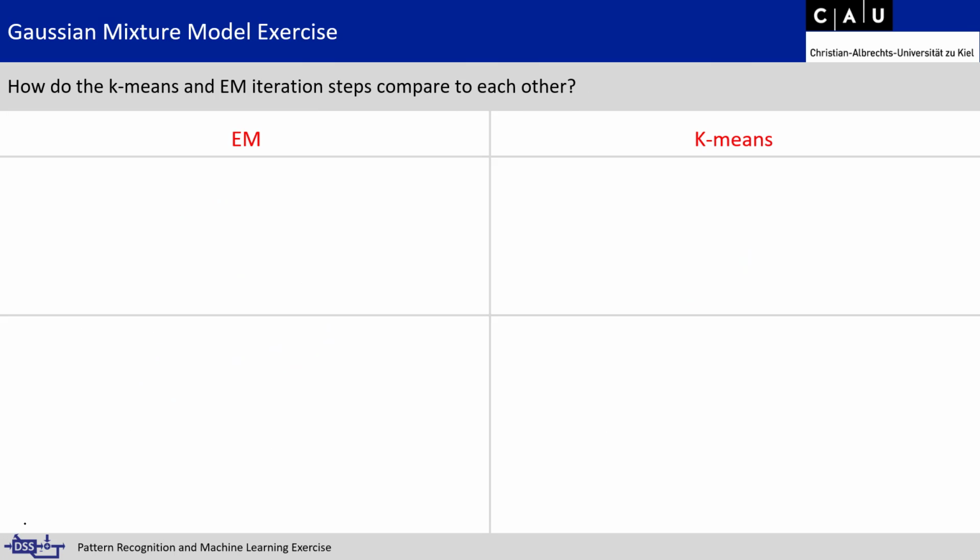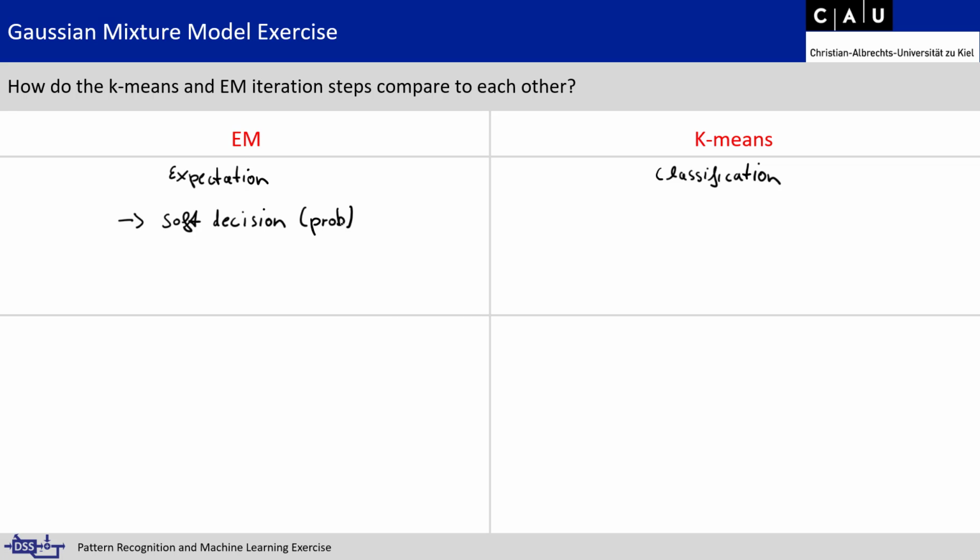The second question is, how do the k-means and EM iteration steps compare to each other? So let's look at those two different steps that we have in each algorithm. In the EM algorithm, the first part is the E step, the expectation step, and this more or less corresponds to the classification step in the k-means algorithm. But what do we do there? In the EM algorithm, in the expectation step, we perform a soft decision what mixture of the GMM a feature vector most likely sort of belongs to.